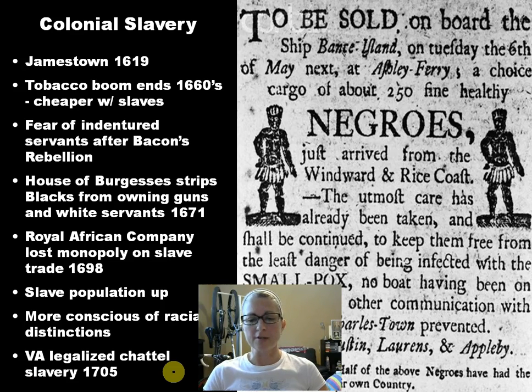I mean, they'll provide basic necessities, but the basic necessities are definitely cheaper than actually having the indentured servants and providing more decent stuff for them. So slavery will at one point in time become somewhat cheaper than having indentured servants. Okay, so economic.